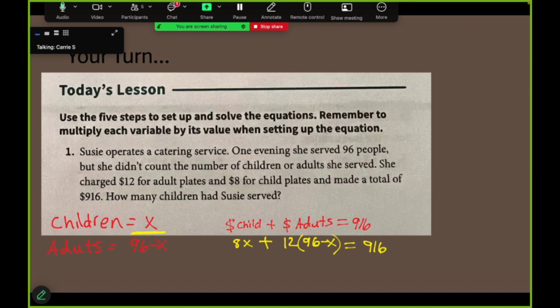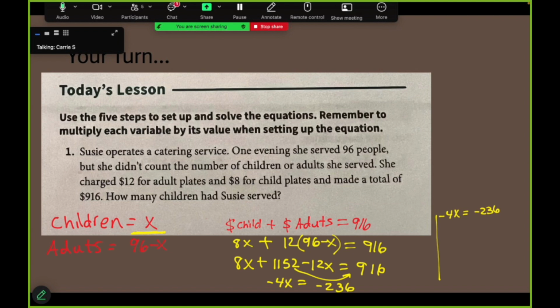Now we're going to solve it. Let me know when you're done solving. I believe I've got one person done solving it. I'm done solving it.